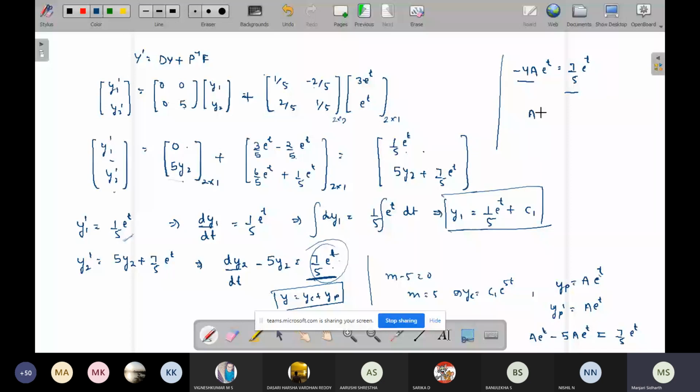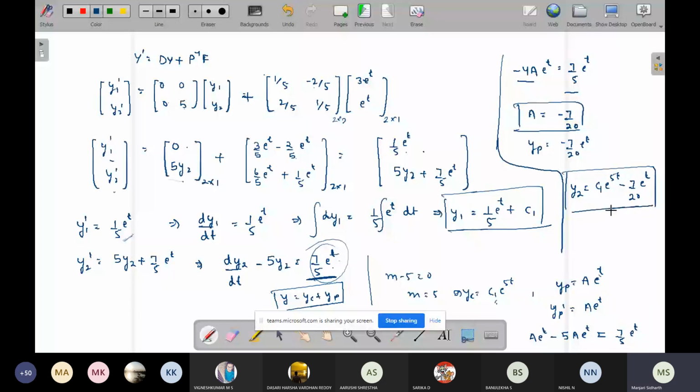That means yp here is minus 7 by 20 e power t. So combining the solution for y2, you will get yc, c1 e power 5t, minus 7 by 20 e power t. So this is your y2.